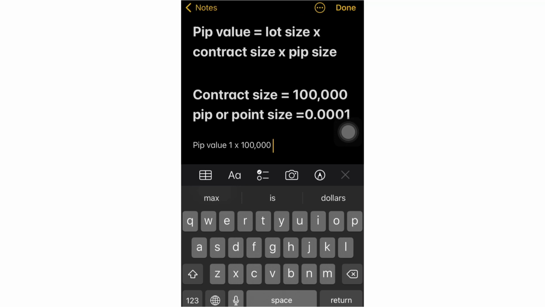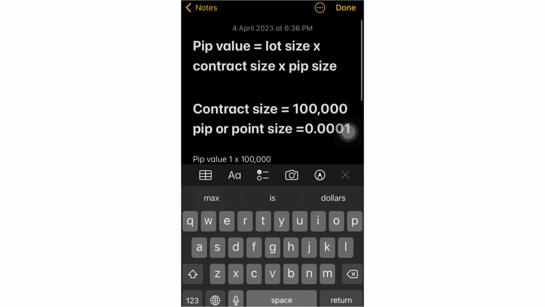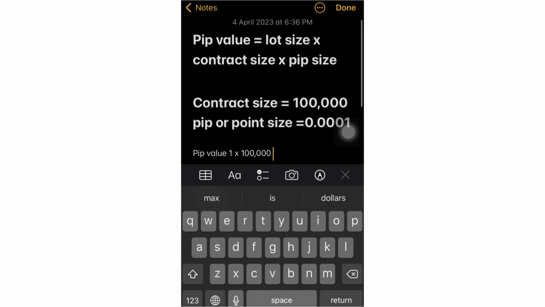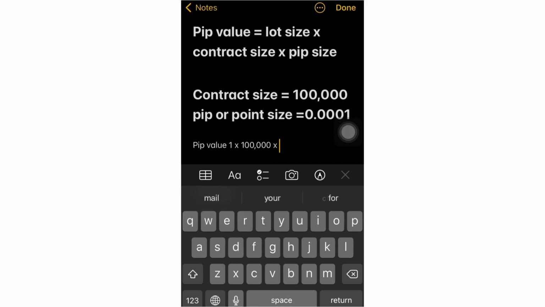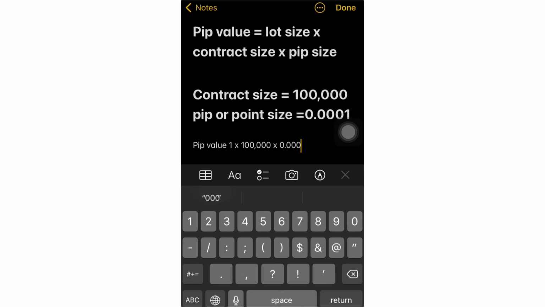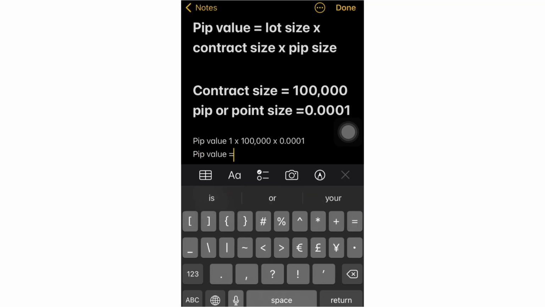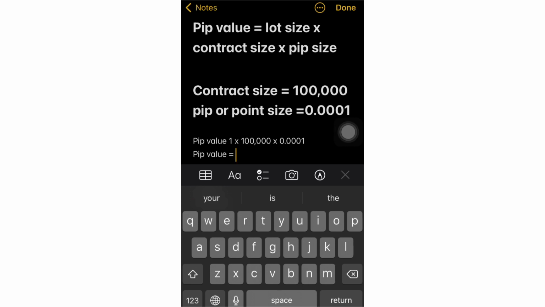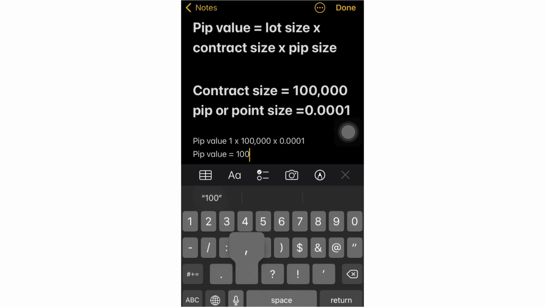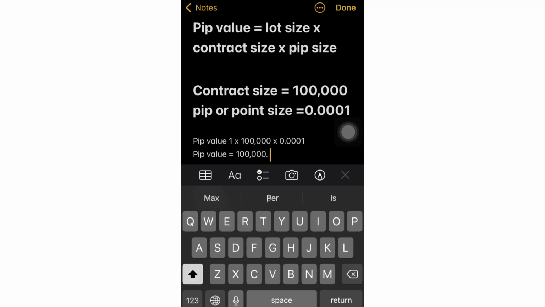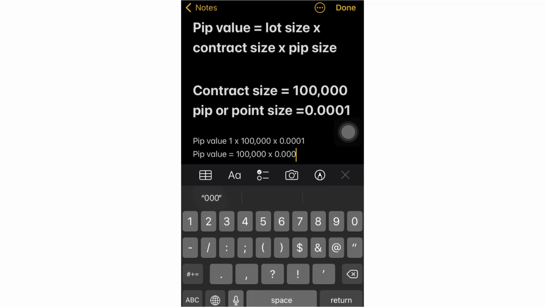Now that we put one lot size, the formula says that pip value equals lot size times contract size times pip size. The pip size, like I said, will be 0.0001. So what we need to do is to calculate pip value, which equals 1 times 100,000, which is the same, 100,000, then times 0.0001.